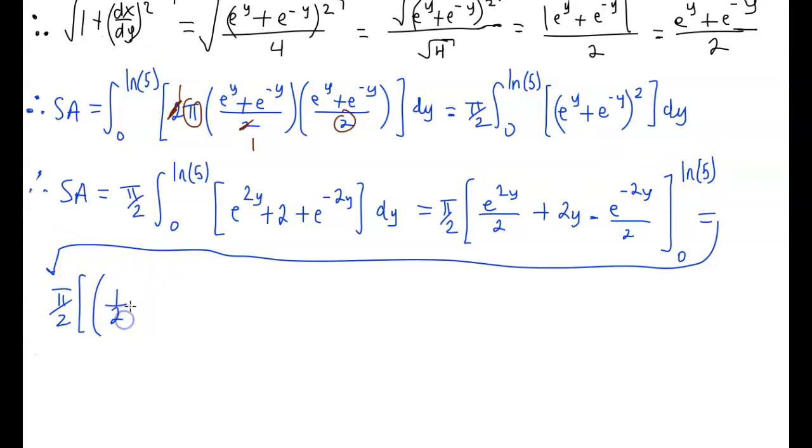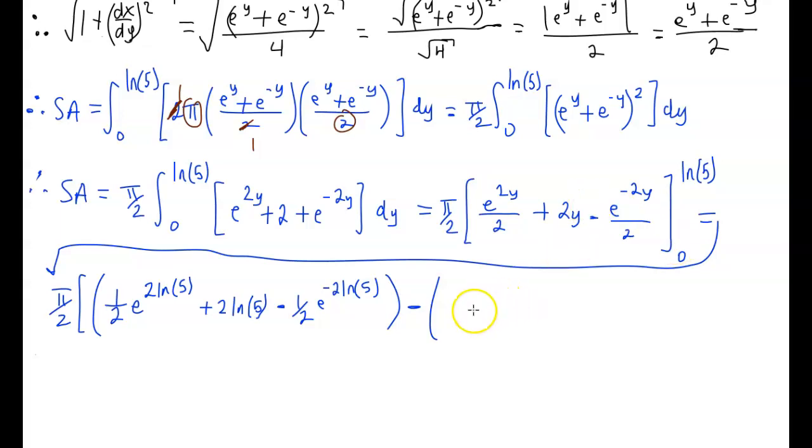So this will be 1/2 e to the 2 times natural log of 5 plus 2 times natural log of 5, minus 1/2 e raised to the minus 2 times natural log of 5. And all that's taken care of using the top part of net change theorem.